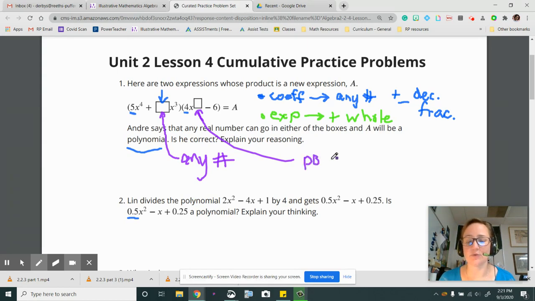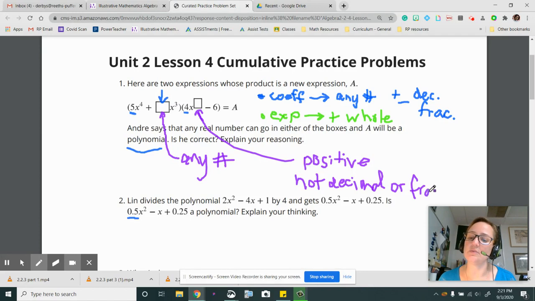It can't be a decimal. It can't be a fraction. So as long as this is positive and a non-decimal, non-fraction, will be a-okay.